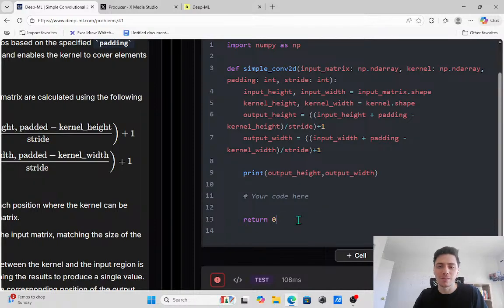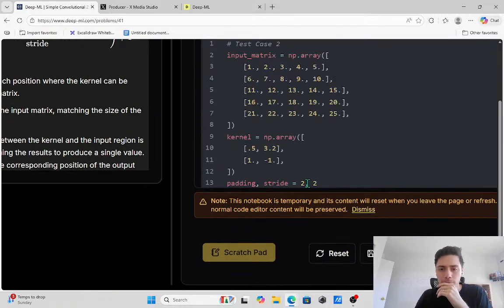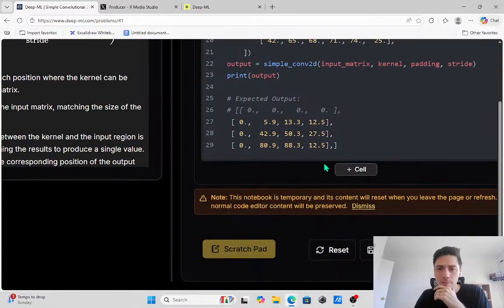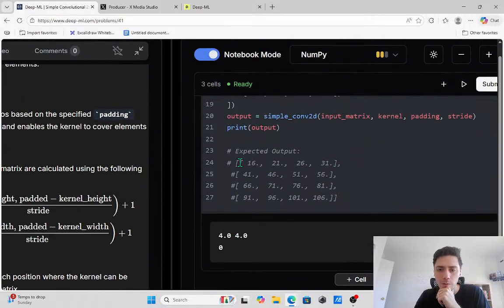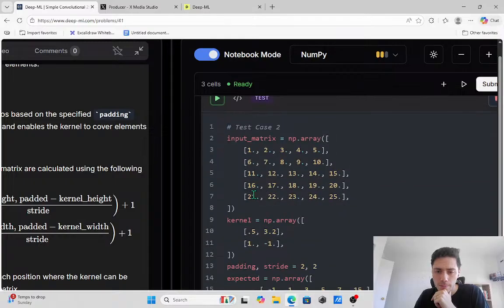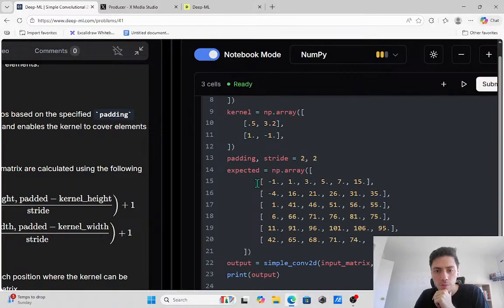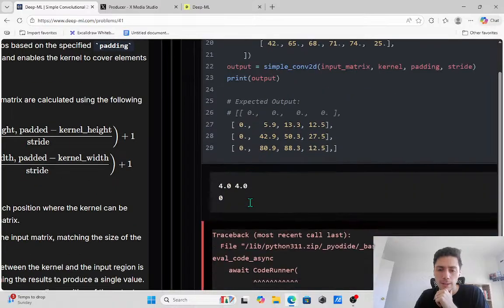Just return 0, I don't care. I just want to see where I am. Yeah, here I am. This is a 4x4, this is the expected output. Here we're looking for a 6 by 6.